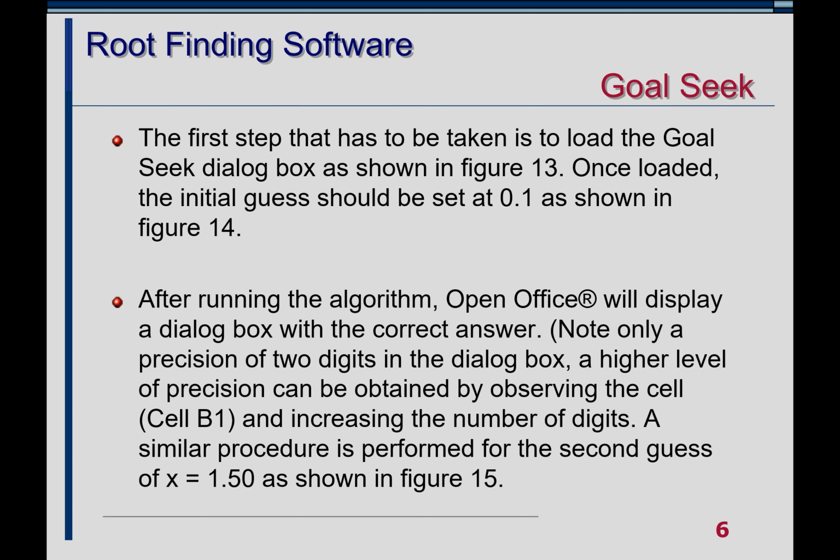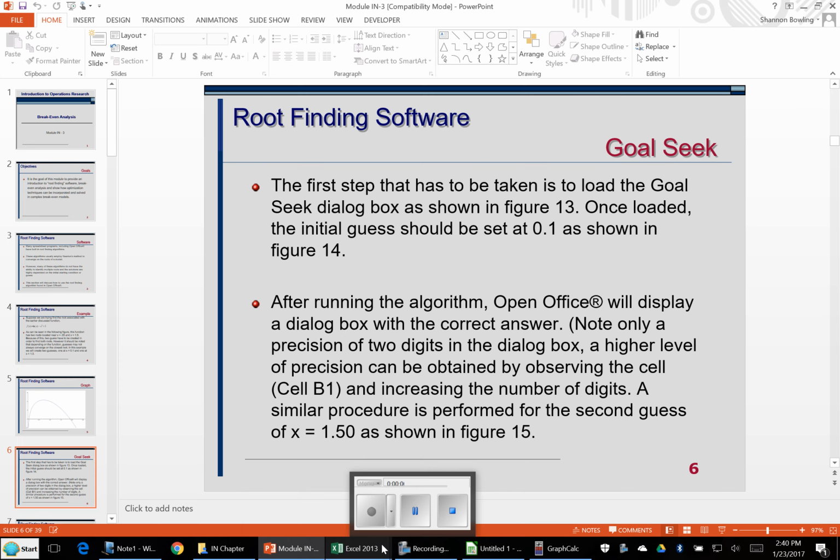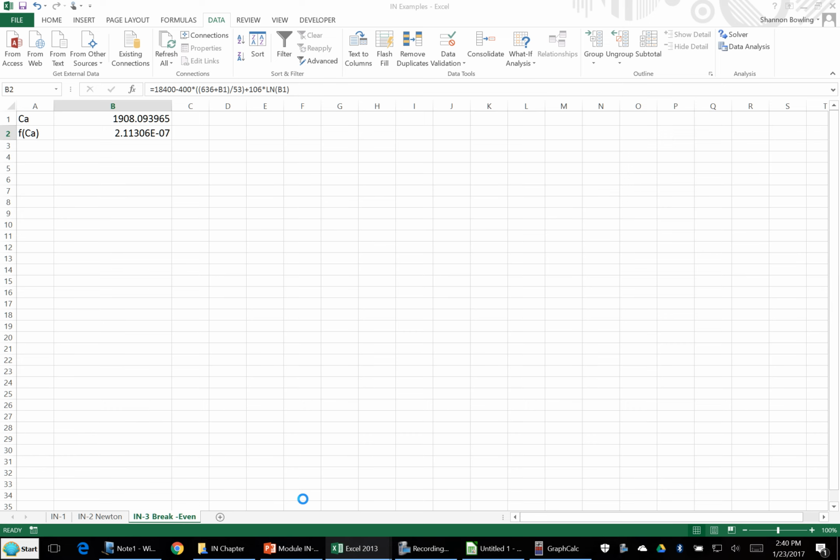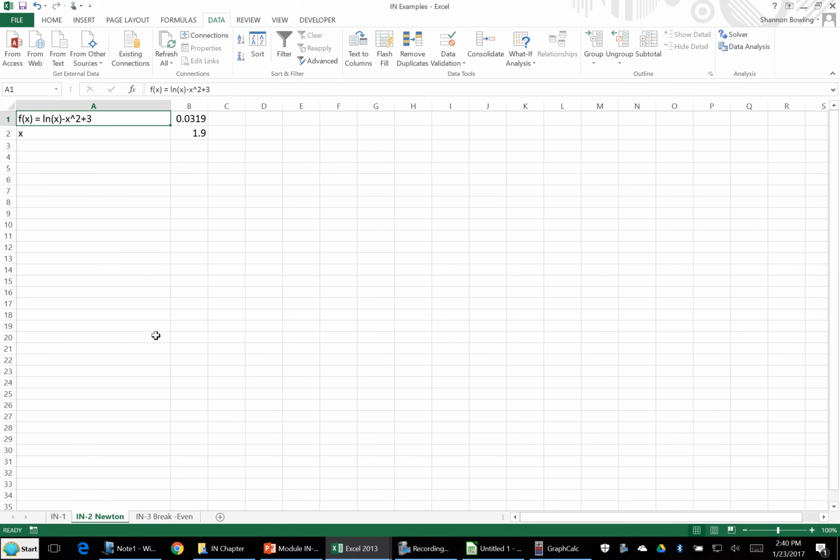Okay, so how do we do this in Excel? All right, well, the first thing that we're going to do is we're going to have the function. So these are just labels that I have placed in Excel. They don't really do anything. This value right here is our independent variable. So I can put in whatever number that I want.